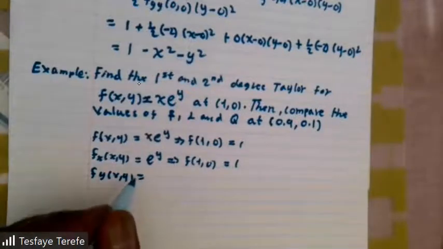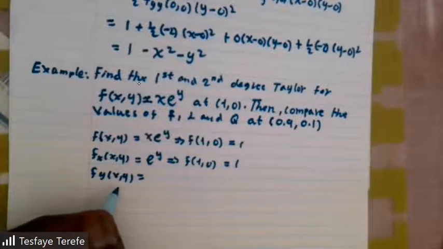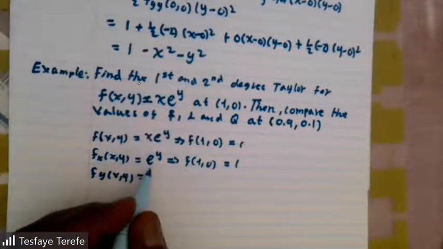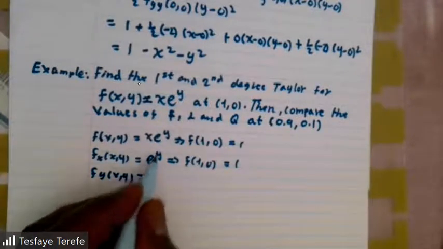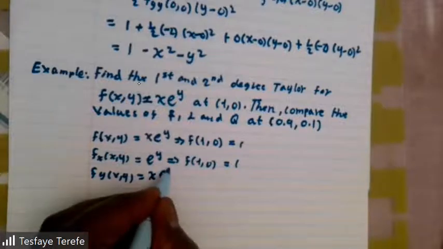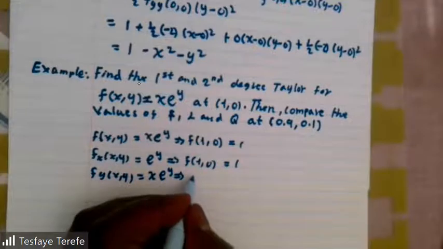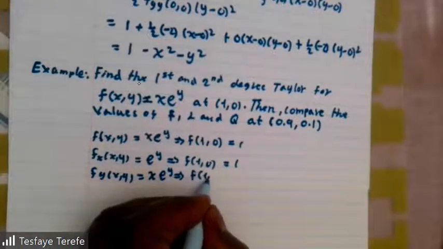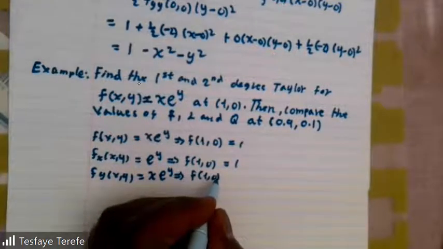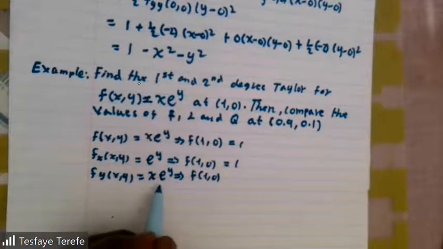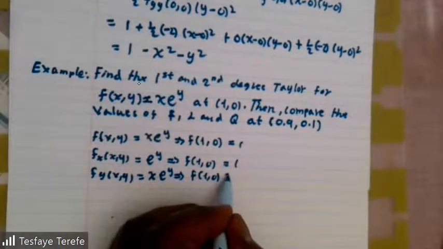And the partial derivative with respect to y is going to be, well, x is constant, the derivative of e raised to y is e raised to y. So coefficient times the derivative. At the point (1, 0), x is 1, and e to the power of 0 is also 1.